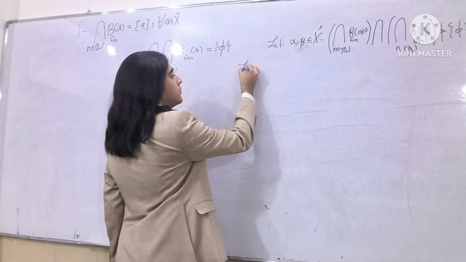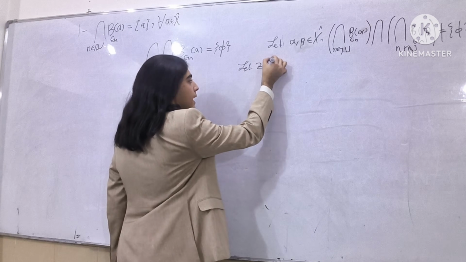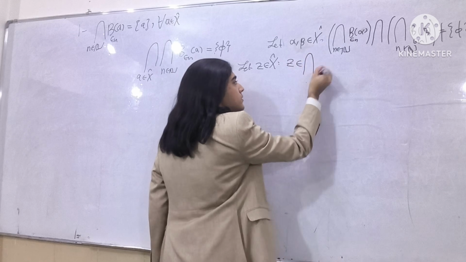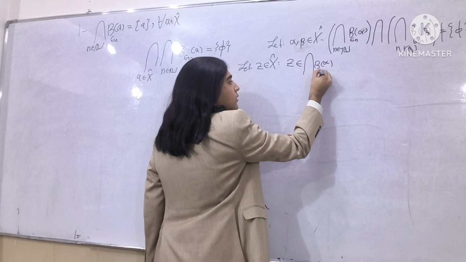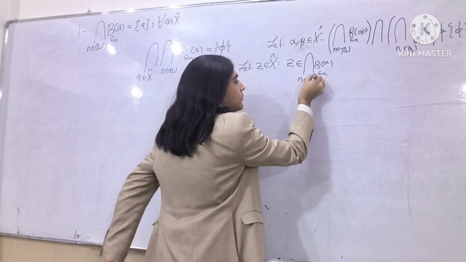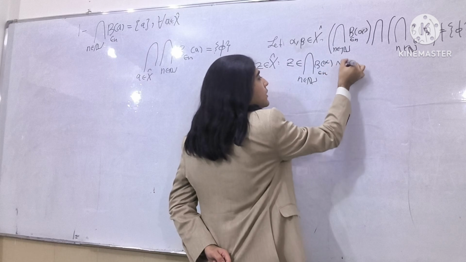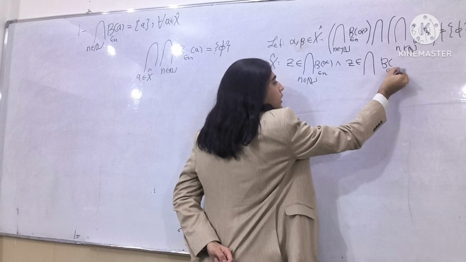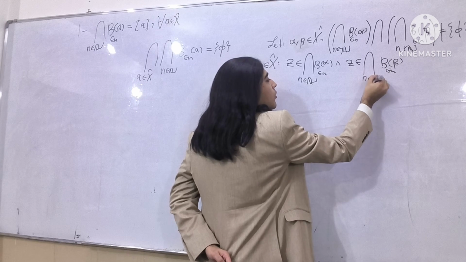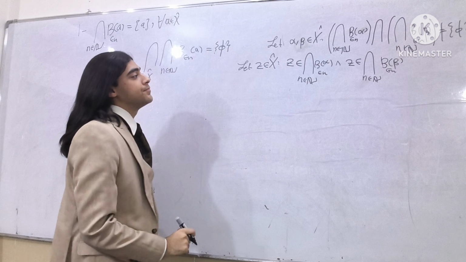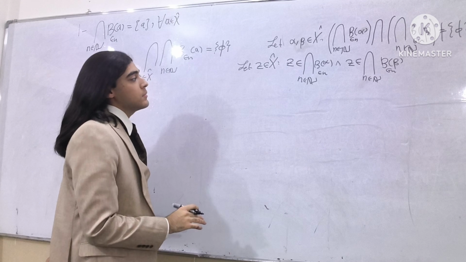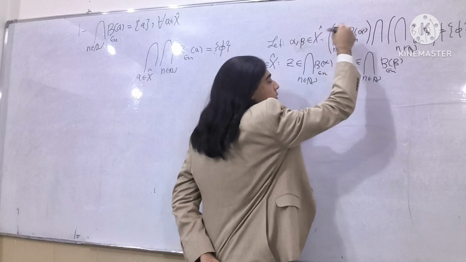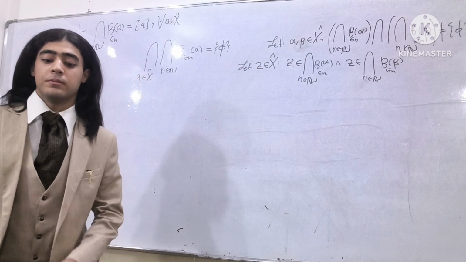Let Z in X belong to the first intersection, indexed by epsilon n for all n natural numbers, and at the same time Z is an element of the intersection of all open balls around beta over all natural numbers. So Z must belong to the intersection of the first intersection and the second intersection.